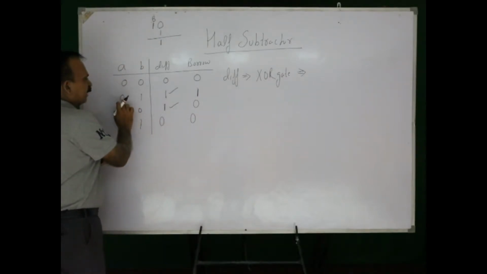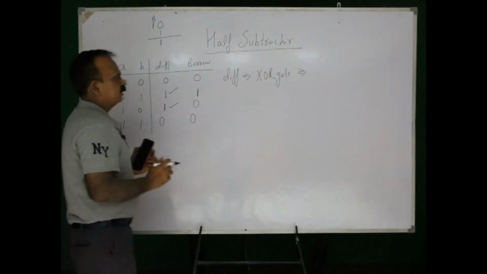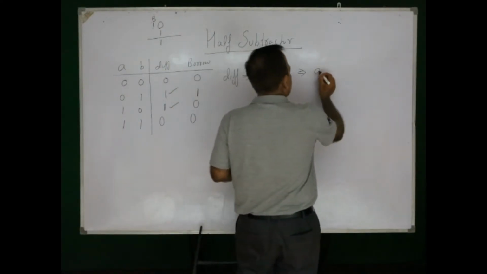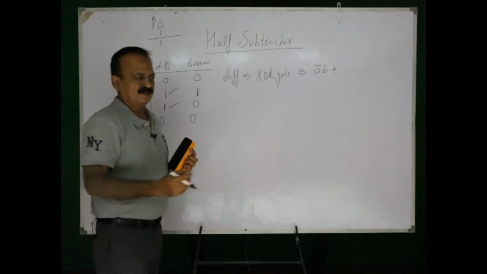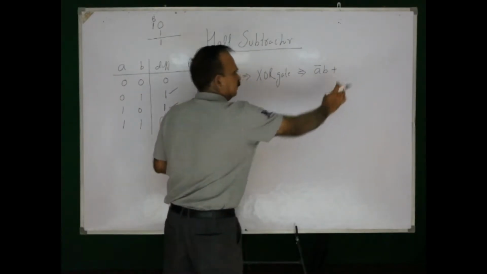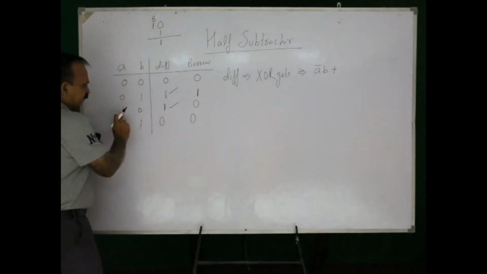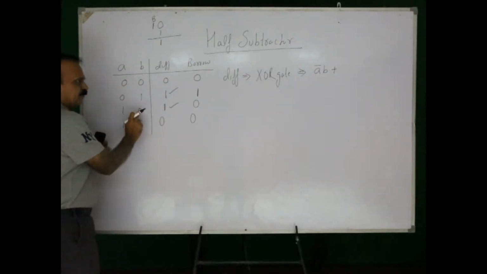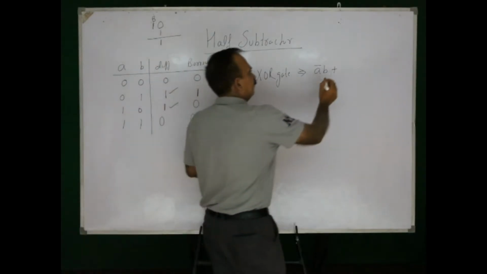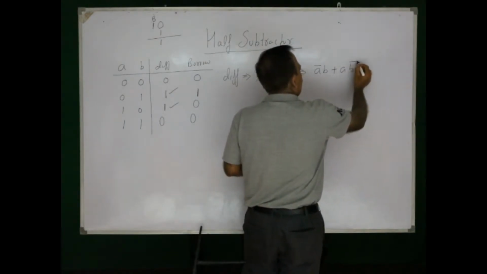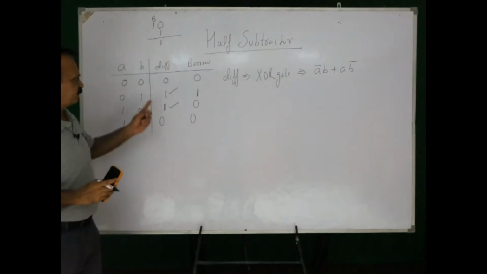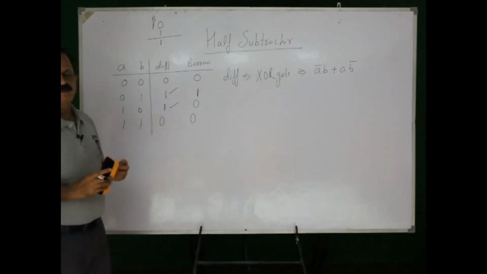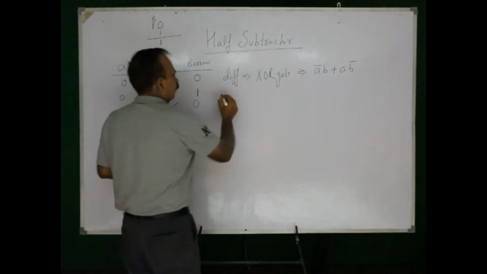So, A bar will be 1 and B. This is A bar B. The first entry will be A bar B plus, I said sum of product, so I will be adding these product entries. The second one is A and this is B bar. It is A B bar. So, A bar B plus A B bar, this is the sum of product expression for this difference. Now, we come to borrow.